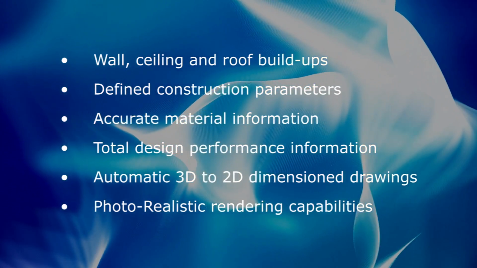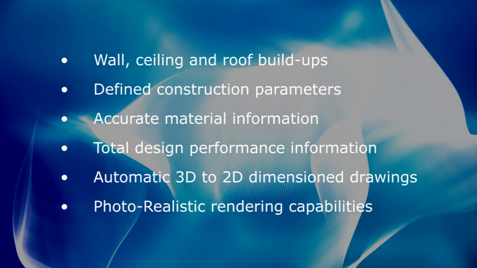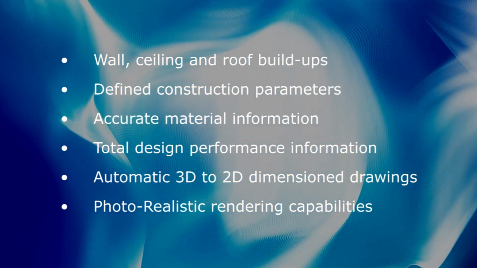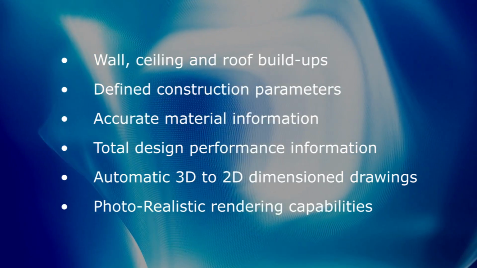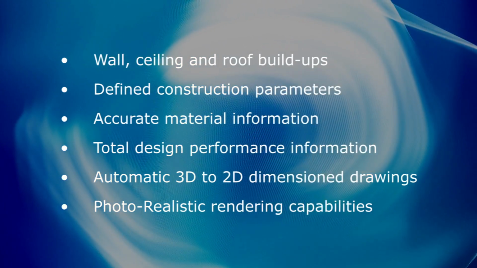Photorealistic rendering capabilities for increased marketing exposure, which can lead to decreased sales cycle times, so more homes can be designed and sold in less time. Even though all of this information is included in a Dietrich's 3D model, the software can still deliver a 50 to 80% reduction in overall design time over traditional CAD design methods.